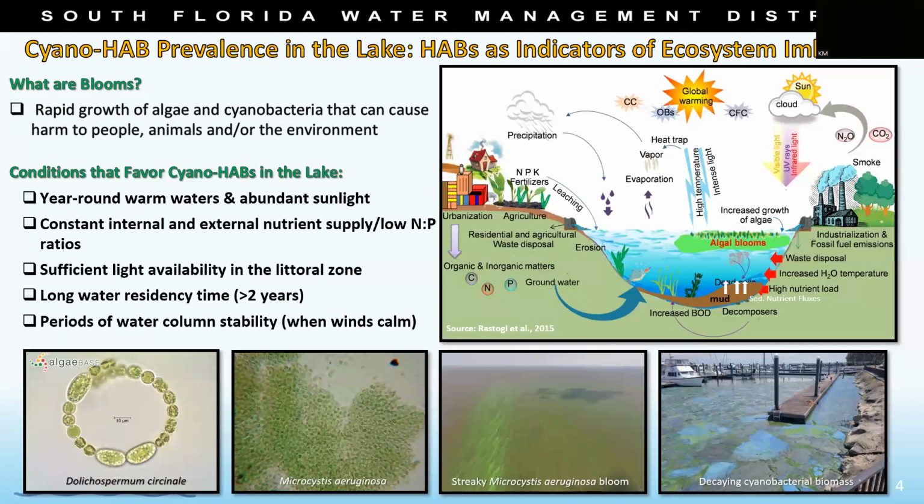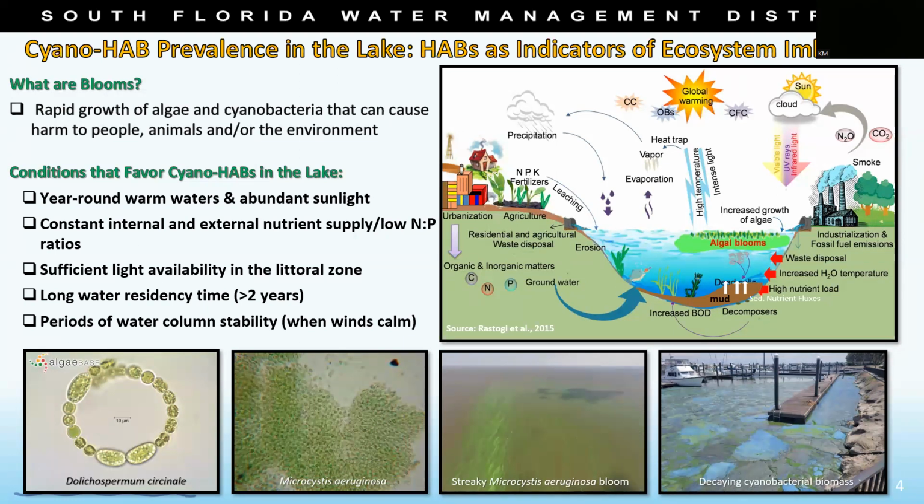So harmful algal blooms are pretty much an indicator of an imbalanced system. And Lake Okeechobee is an imbalanced system because of the urbanization and development of agricultural fields and complete alteration of how the lake functions and the whole hydrology in watersheds surrounding the lake.